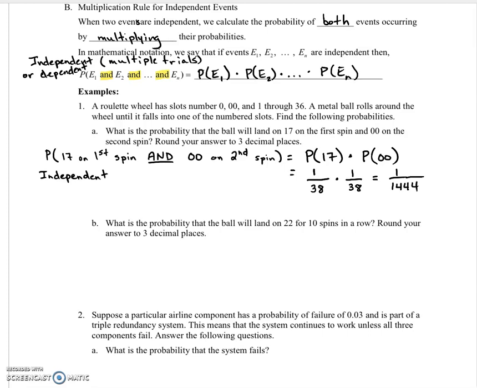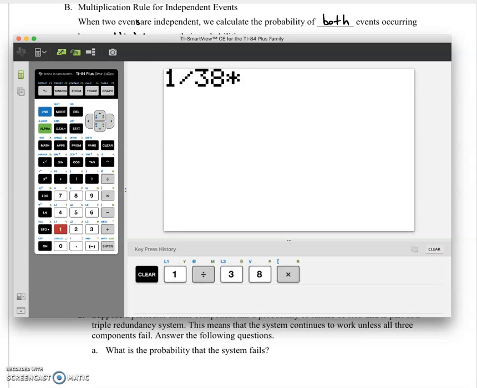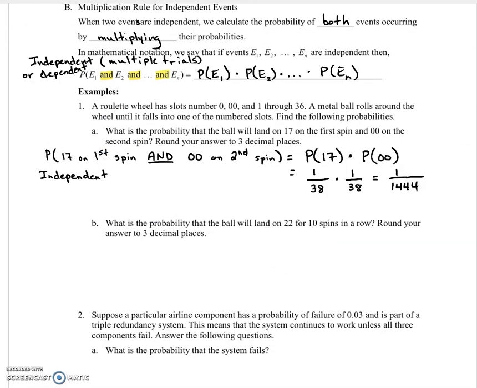Now, you should be learning this in your other class, but if we go to our calculator and do 1 divided by 38 times 1 divided by 38, we get an answer of 6.925 and more digits, e to the minus 4. The important thing here is that e to the minus 4.